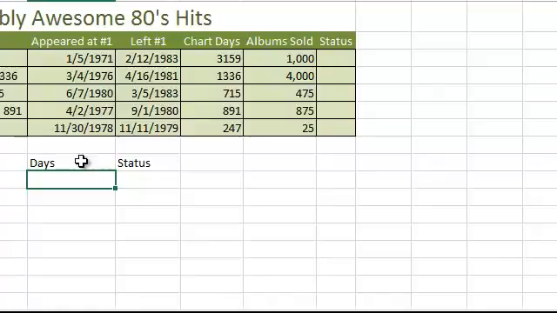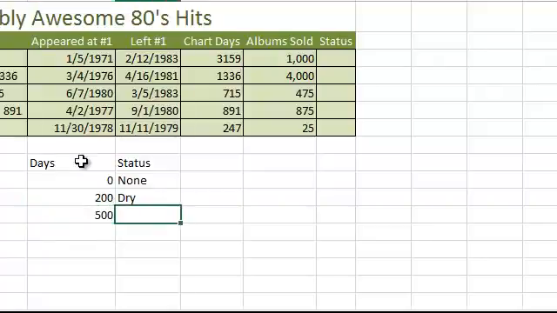Remember, for VLOOKUPs, you must construct the table using the lowest value in the range, and it must be a singular value. So for 0 to 199, in the left column, we will say 0, and the status of none. For the next range, 200 to 499, we will use the lowest value, or 200, and our status. Continuing on in the table, we will then select the lowest value for each of the ranges given.